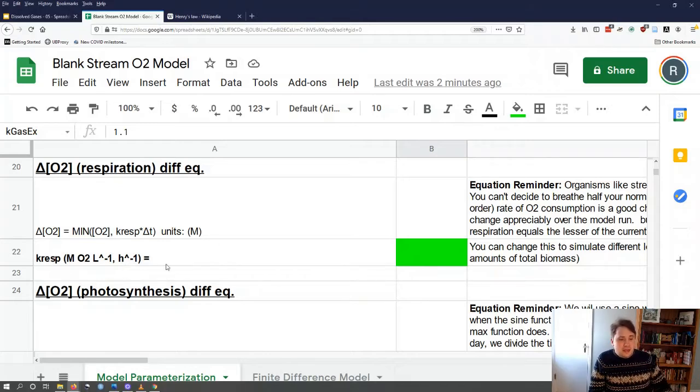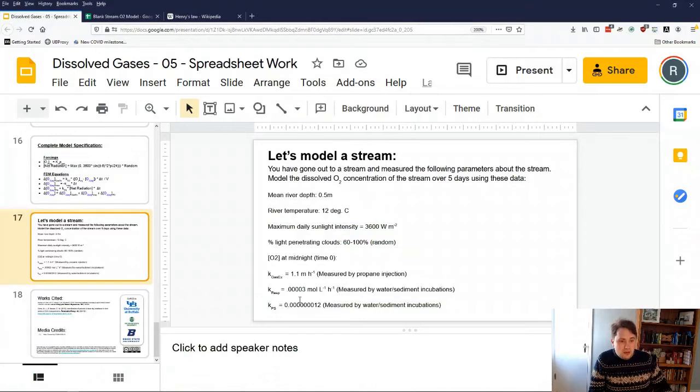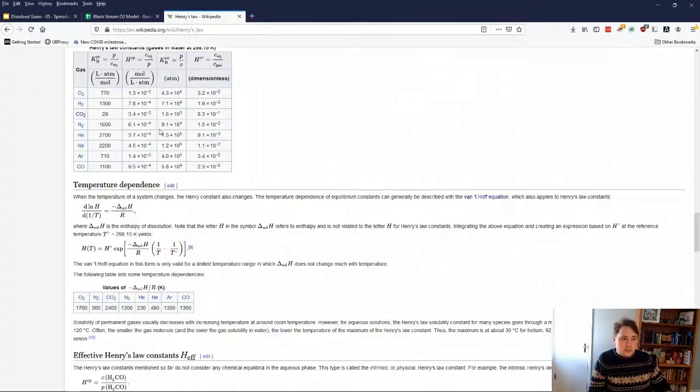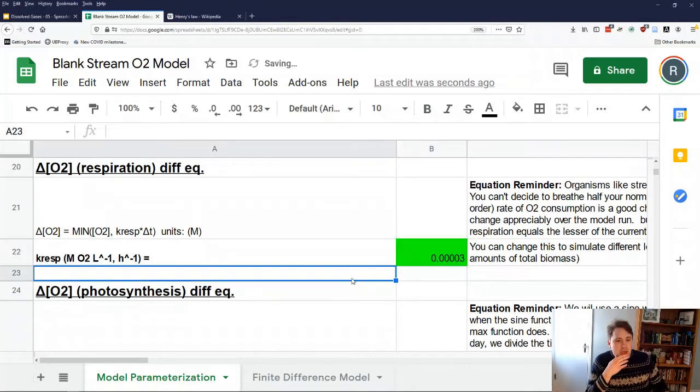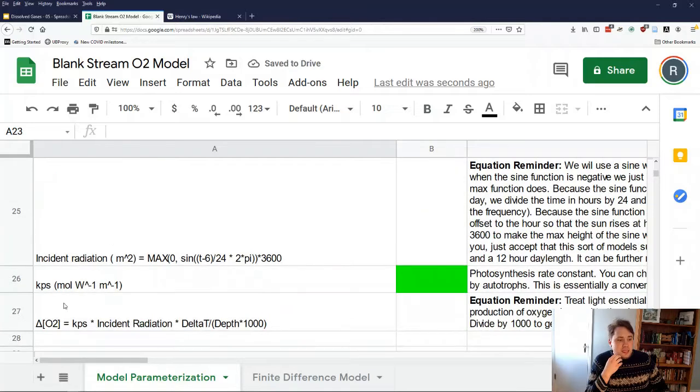Anyway, the KRS that was given in the problem was 0.00003 moles per liter per hour. So let's enter that in. Good. And again, I named this KRESP. And the last constant that we had was the K of photosynthesis, right here, KPS. And this is in units of moles per watt. So the amount of sunlight is measured in watts per meter.